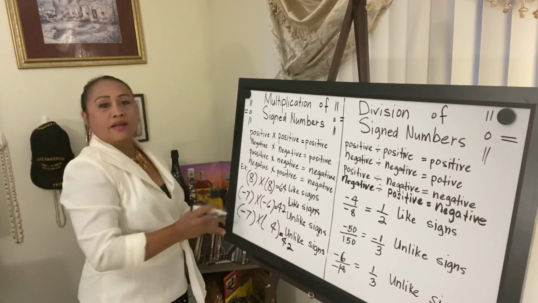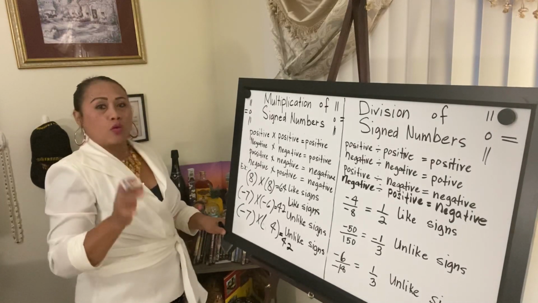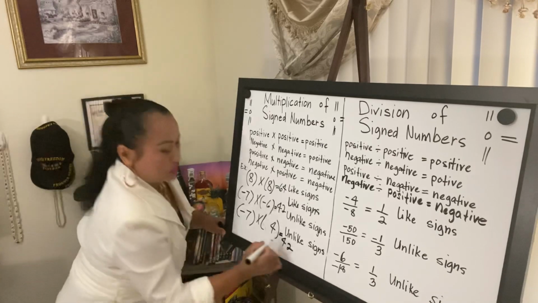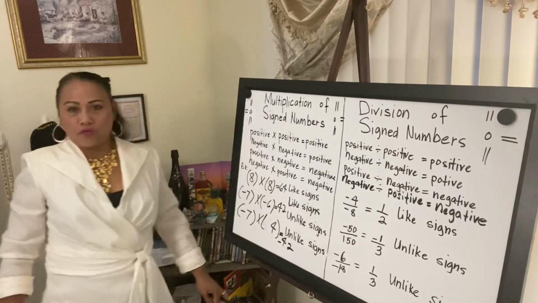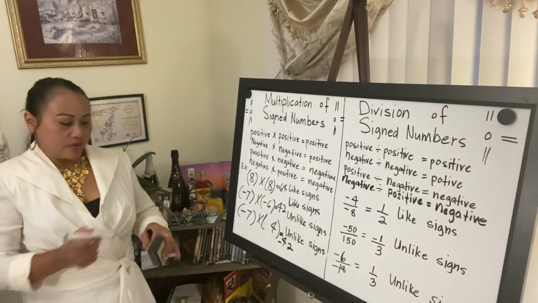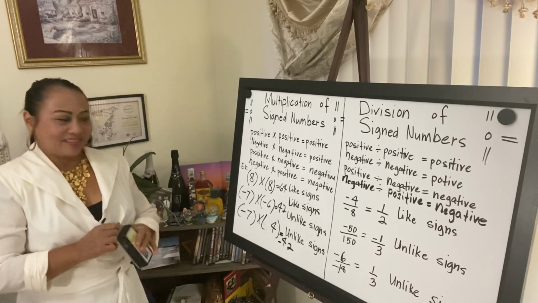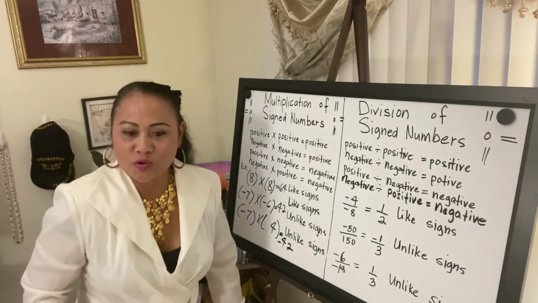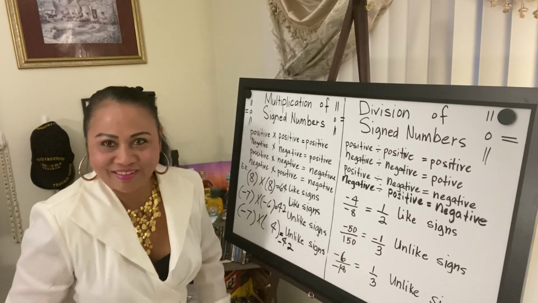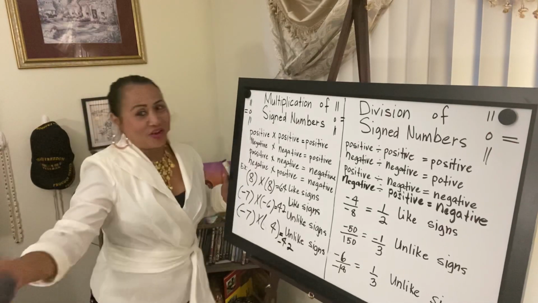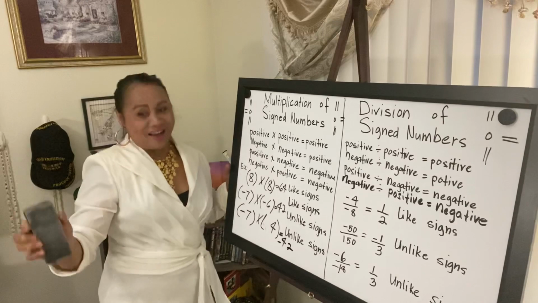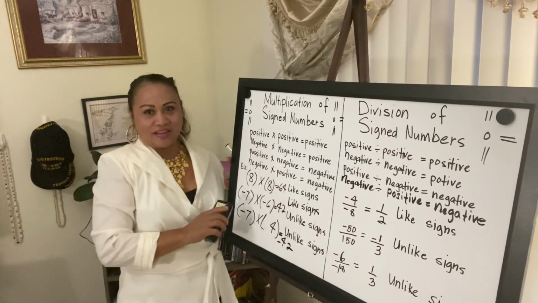So the unlike signs is always negative. So the answer is negative 28. It is very easy. I hope you got it. Okay, did you understand, class? I hope so.